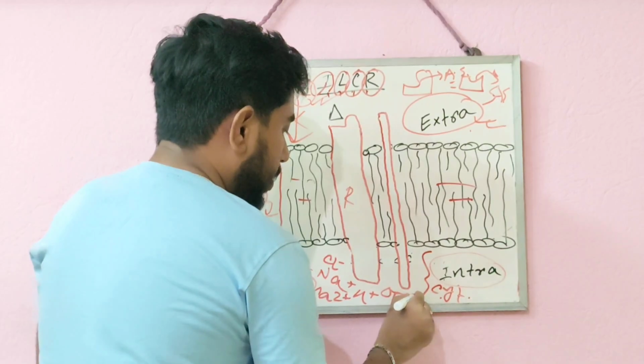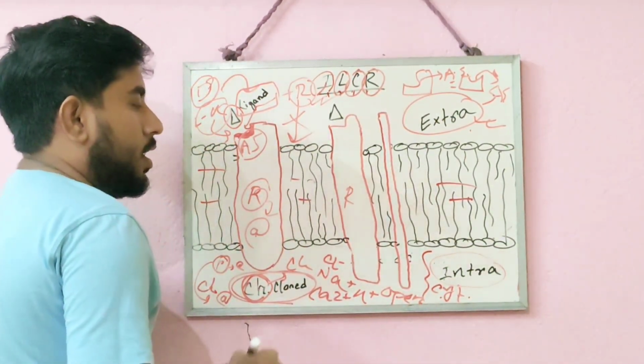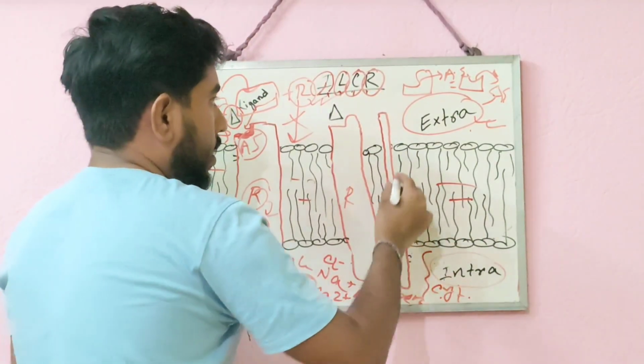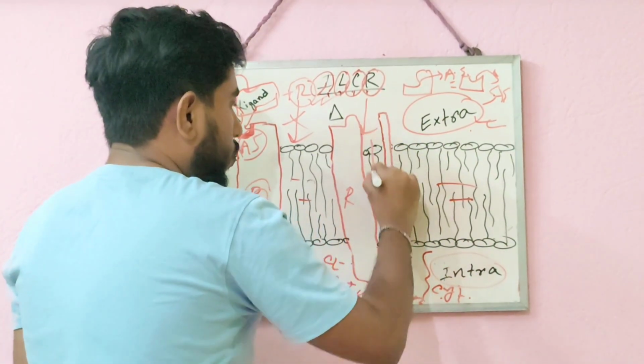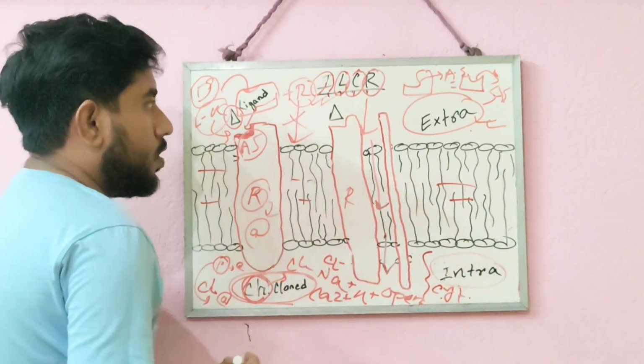Now when that receptor is in activated form and the channels are opening, then through those gates different ions are going to influx. So what are the ions which are going to influx?